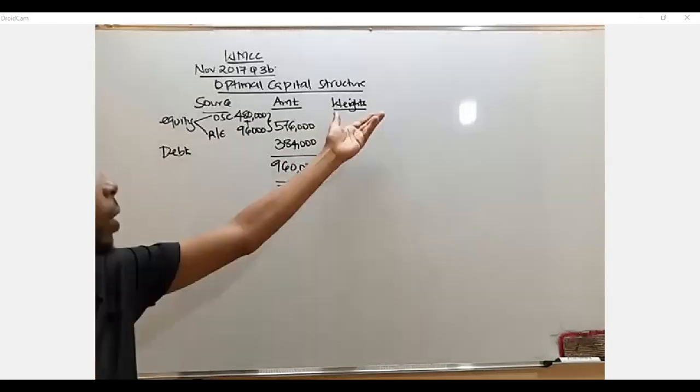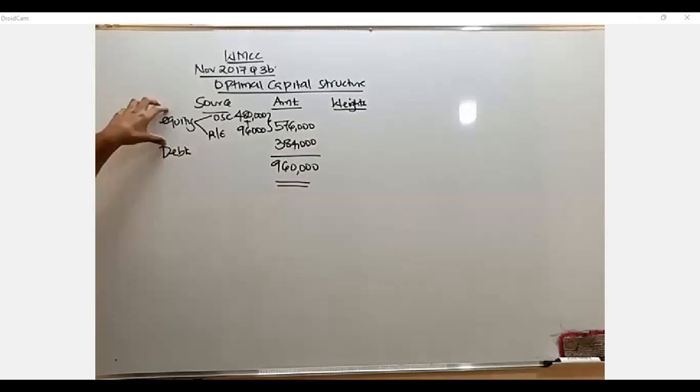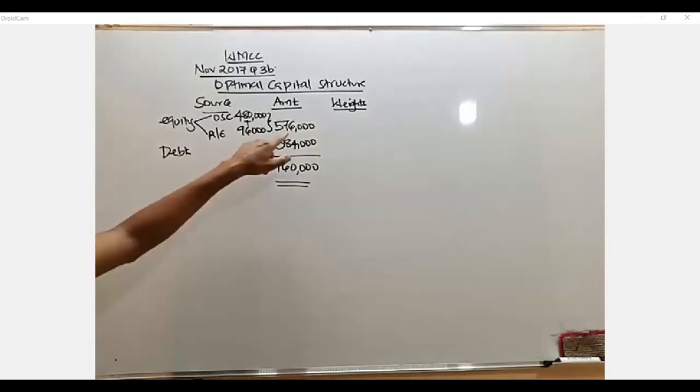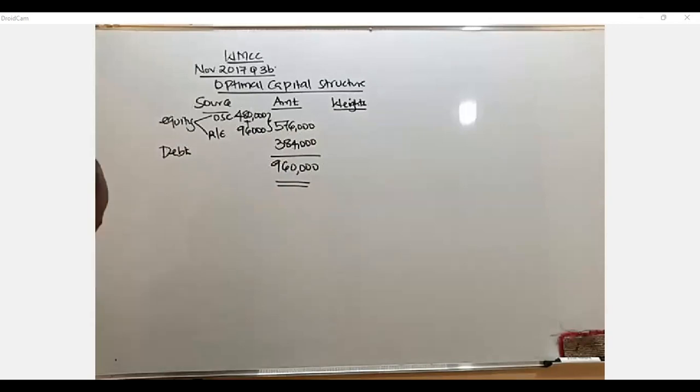weights to determine how much we are financing this organization using equity and how much we are financing using debt. So how am I going to get my weights? For equity, we take the equity total, which is 576,000, and divide by the total 960,000.